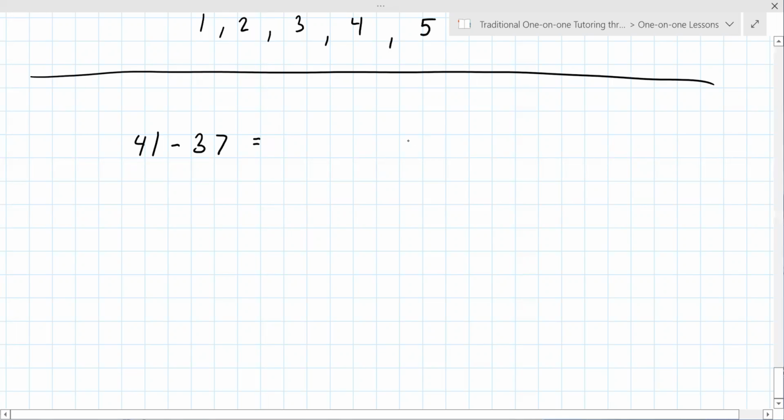So that starting number is like 0. 38 would be 1. 39 would be 2, and so on.